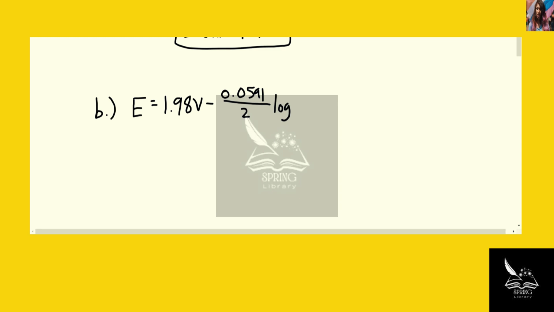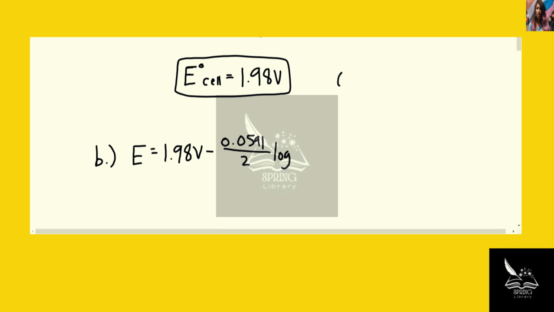And based on the overall reaction, we can see that Q, based on the aqueous species participating in that overall reaction, is equal to 1 over the concentration of H plus squared times the concentration of HSO4 minus squared. And both of those concentrations are equal to 4.5 molar.